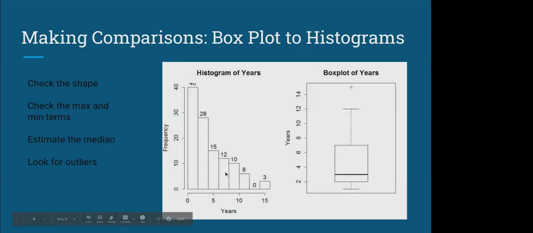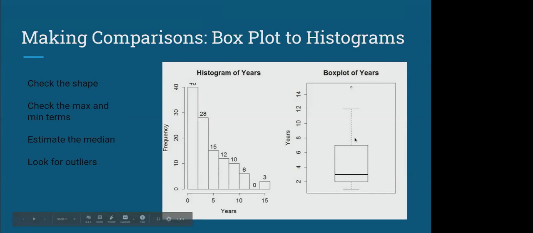Okay? So now, we might not know the shape yet, but we can check the max and min. So we can see that the minimum is down here, which they probably assume to be 0, because you can't touch the end of the graph of the box.